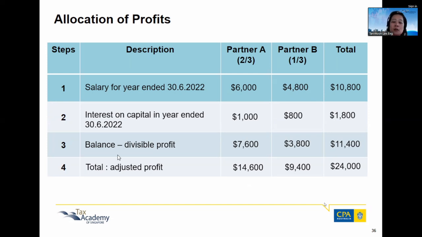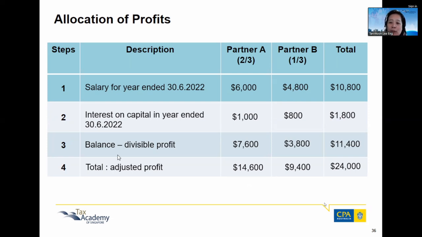Then we look at the fixed payments. The fixed payments are salary, 6,000 and 4,800, which partner A and partner B can expect to receive, so in total 10,800. This is fixed. There's another fixed payment, which is 5% of the capital. According to their capital contribution, they are entitled to 5%, so we have 1,000 and 800 for partner A and partner B respectively, so in total 1,800.